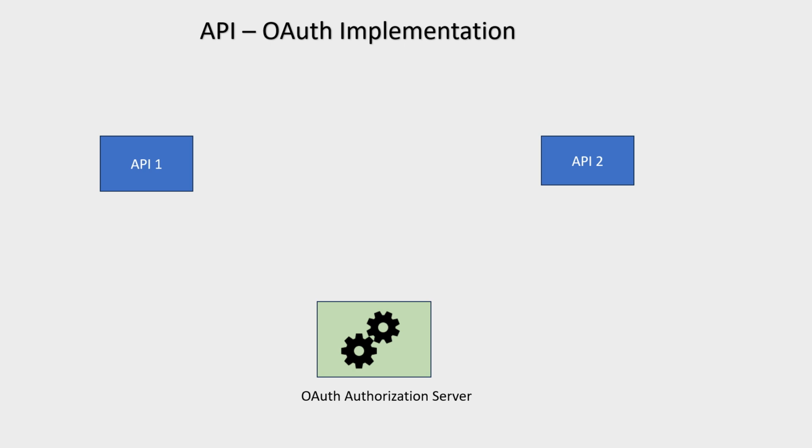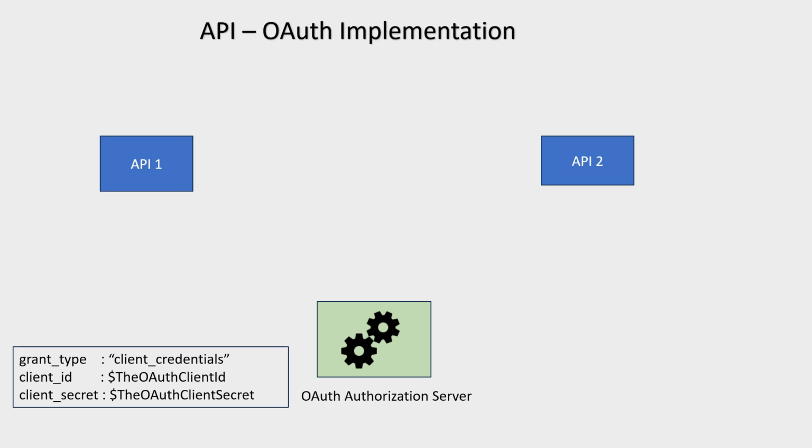Initially, when API 1, application 1, wants to use the OAuth pattern or tokens, it has to first onboard itself onto the OAuth server. When it's onboarded, the OAuth server will provide the client ID and client secret.